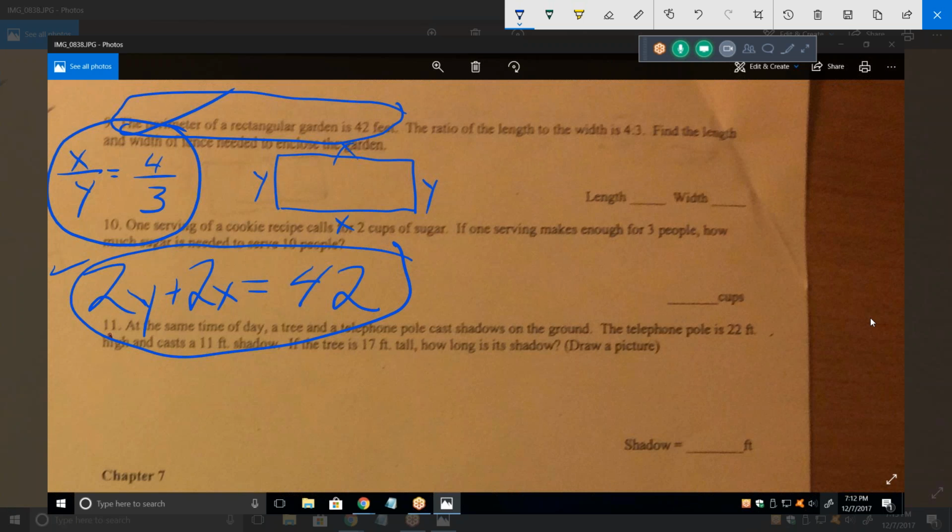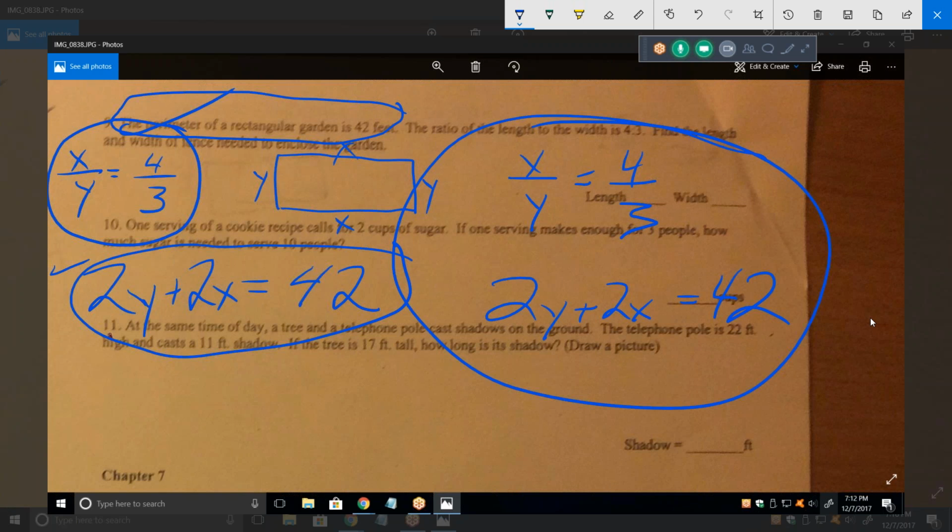You don't get rid of algebra just by going to geometry. You just come across it more. How do you solve these two equations? x over y equals 4 over 3. That's one equation. And 2y plus 2x equals 42. I got to solve that system of equations.